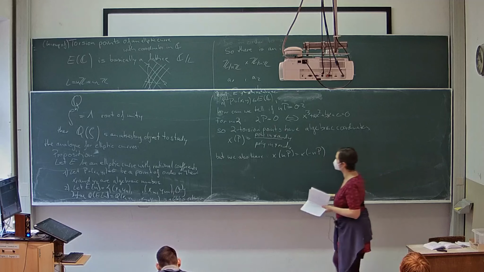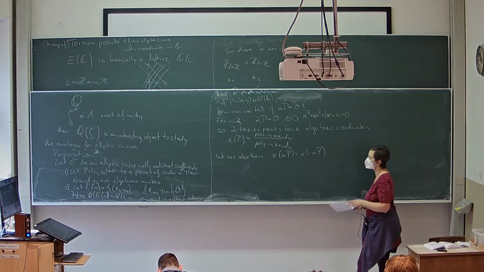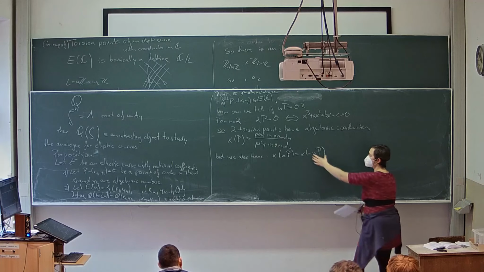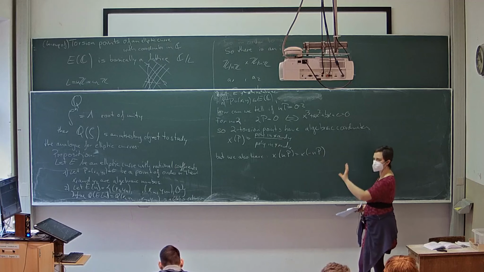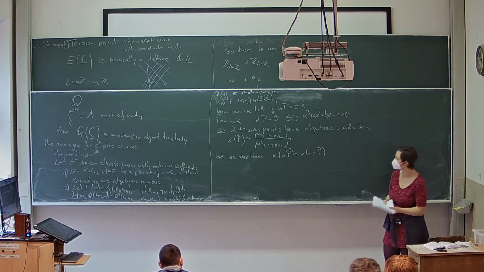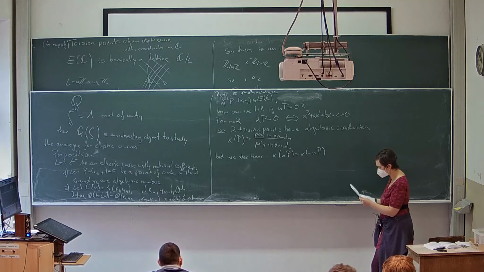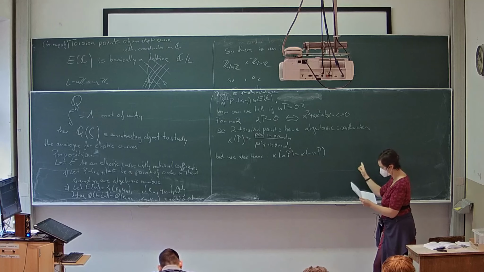If we multiply our point from the beginning by n, then the x-coordinate of nP and the x-coordinate of the inverse of nP are the same, because inverse points have the same x-coordinate, and only the y-coordinates differ by a minus.